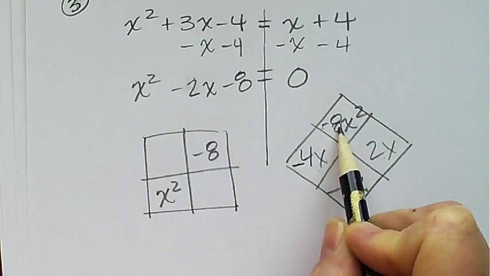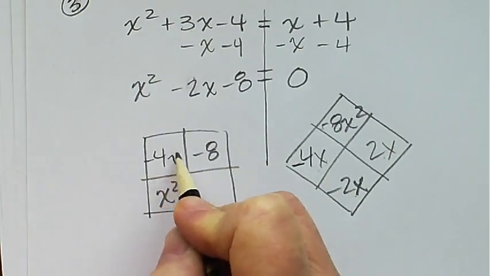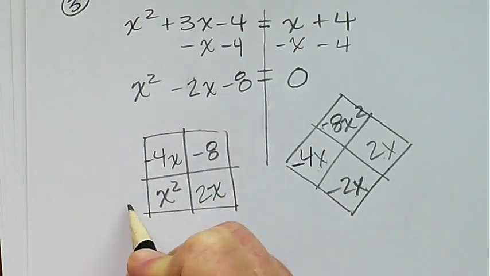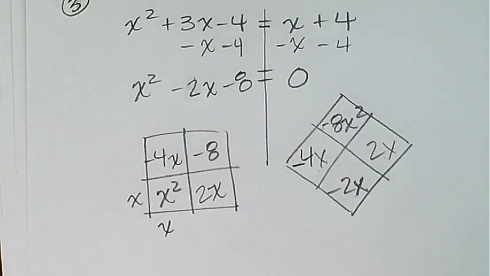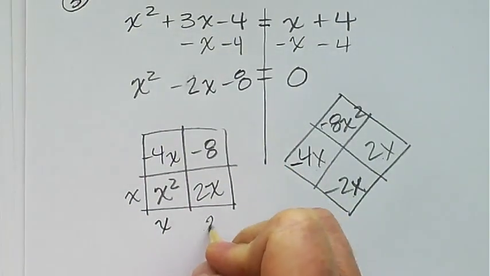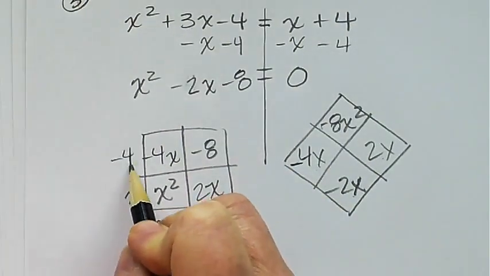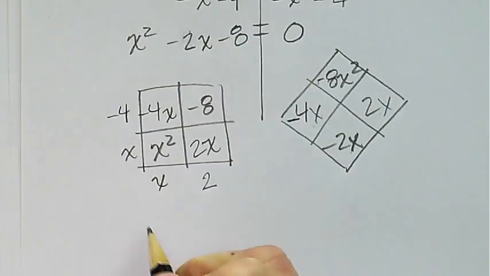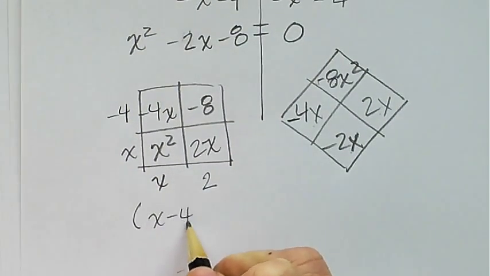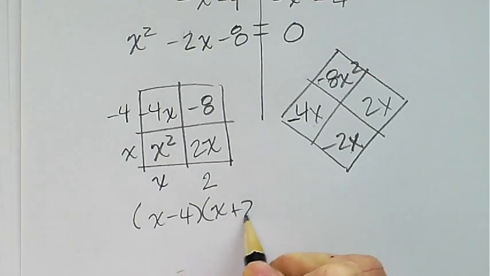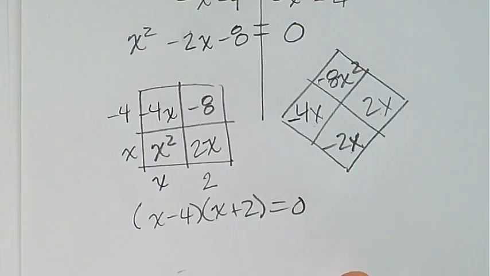I still get a negative 8 when I multiply them. Okay, now I'm going to write the length and width. So then I have x minus 4 times x plus 2 equals 0.